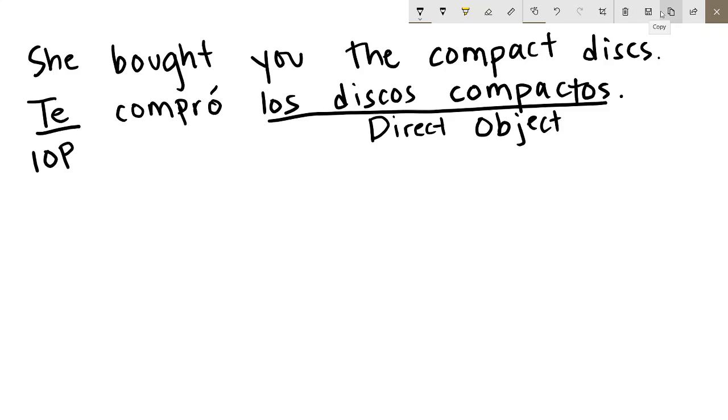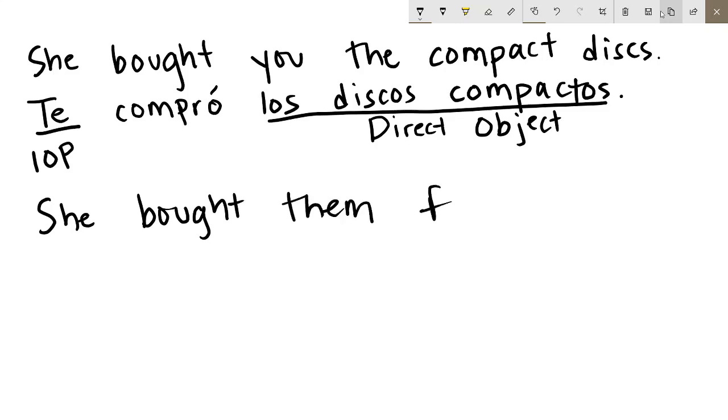What I want to do, instead of saying all of this out so many times, I want to say she bought you, or she bought them for you. She bought them for you. Okay? So this would be te los compró.